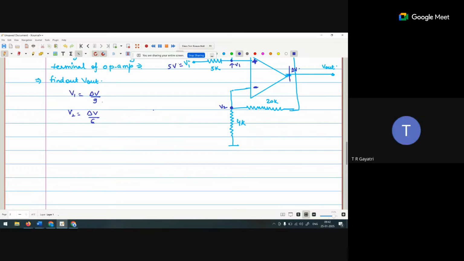V out will be 0.88 divided by 0.05 into VI. Any other answers? 5.58 volts. 5.58 volt. Okay.